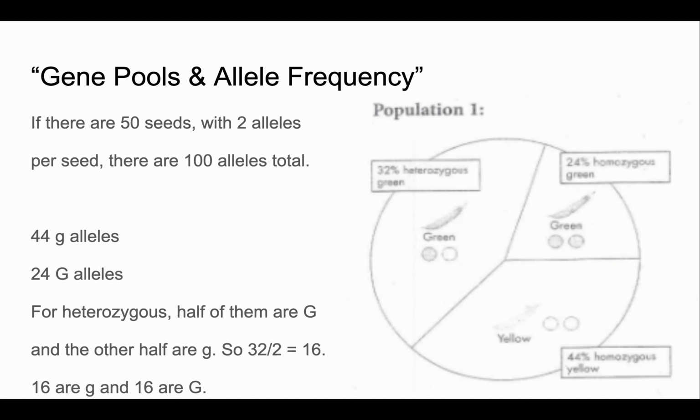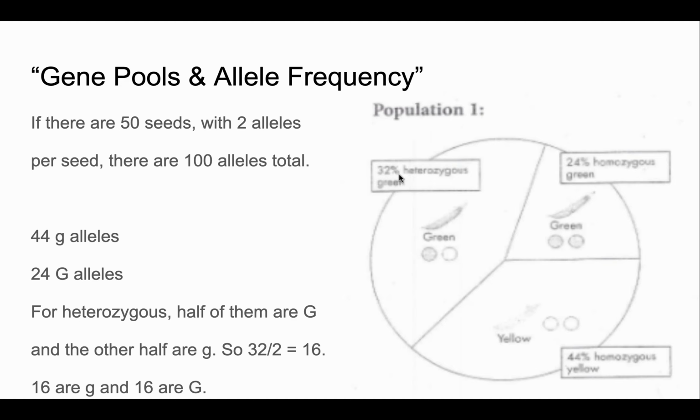Now, that is not all of the alleles because we have this whole section here of heterozygous pea seeds. What you can do is divide the heterozygous in half, because within that heterozygous set of individuals, half of their alleles are going to be big G and half are going to be little g.